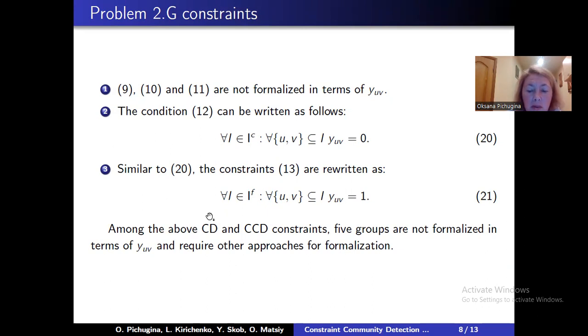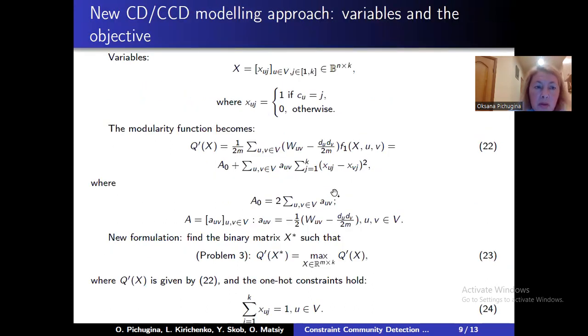And that is why we move to our approach, where modeling is made in terms of other binary variables. They form matrix X, where element X_UG equals 1 if vertex U is assigned to community G, and 0 otherwise.